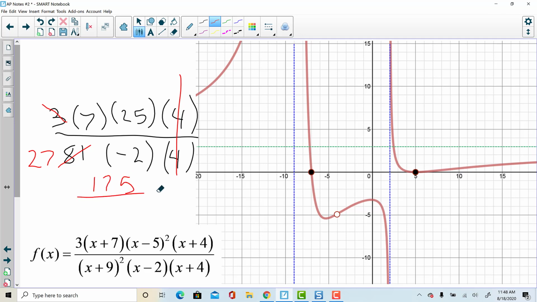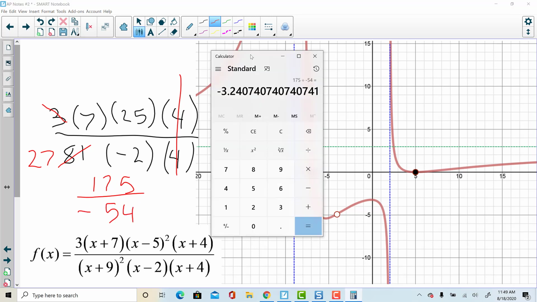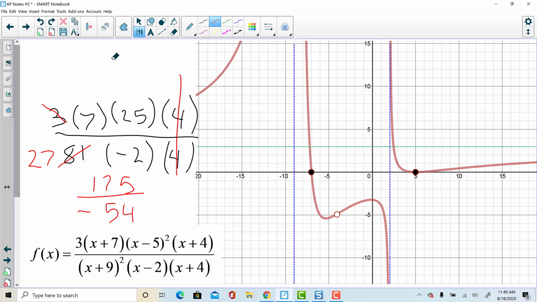The bottom gives you -54. And you can see with a calculator that that's approximately -3.2. So we just go ahead and estimate -3.2, and we'll put a point right there for the y-axis. So when we plot our point for the y-intercept, we can just estimate -3.2, and that's going to be somewhere around here.